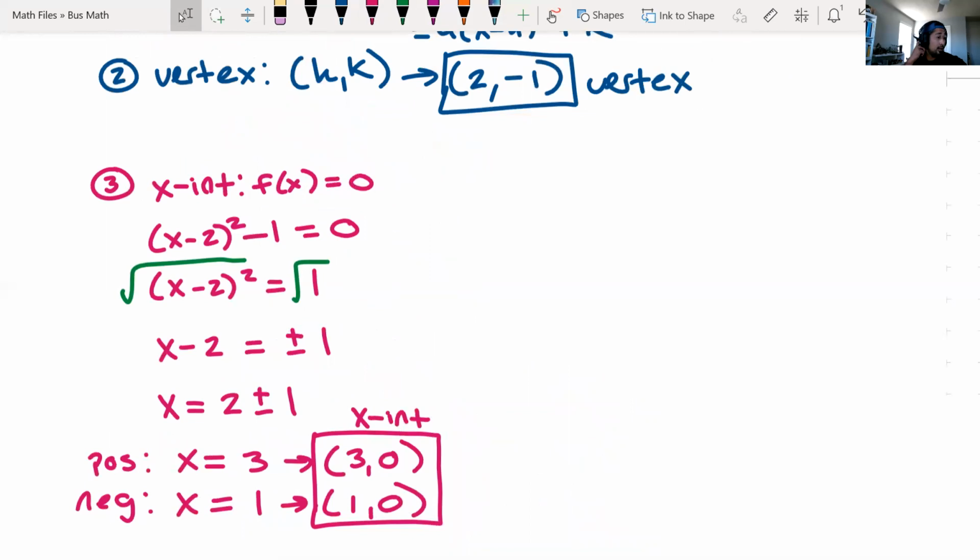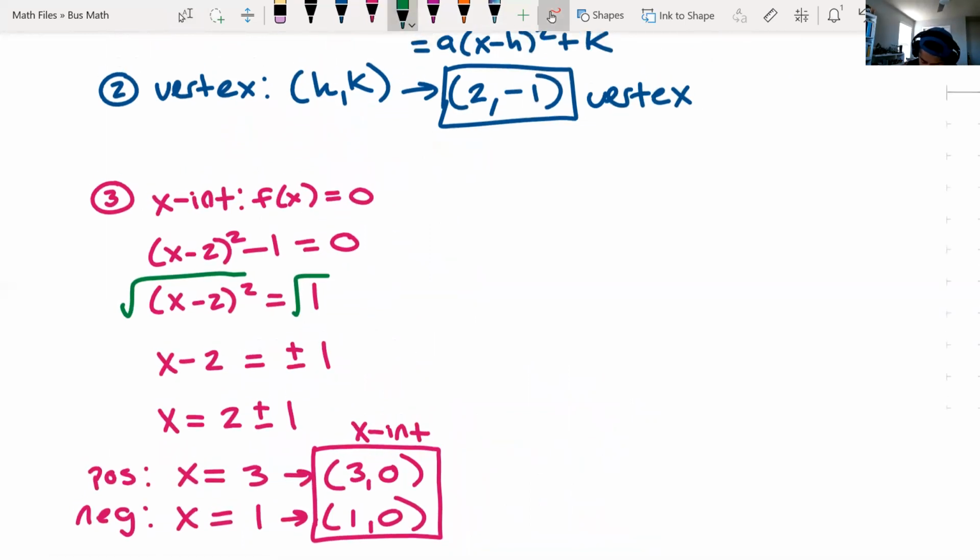Okay, and then for the y-intercept, well, we let x equal 0, and we'll just plug it back in. We'll plug 0 into that vertex form again. So I'll have f of 0 equal to 0 minus 2 squared minus 1.